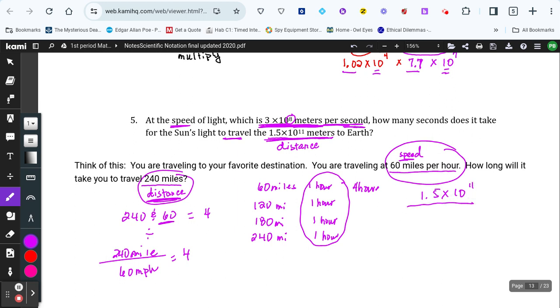And you're going to divide it by the speed, which is 3 times 10 to the 8th meters. All right, make sure you write your answer in scientific notation. And you write your answer in standard form. So write it in scientific notation first, and then you can convert it to standard form.